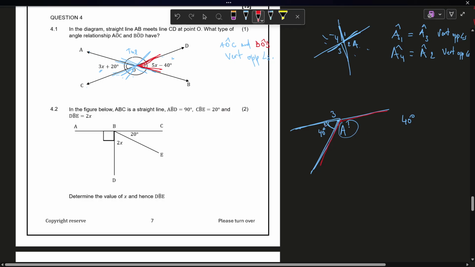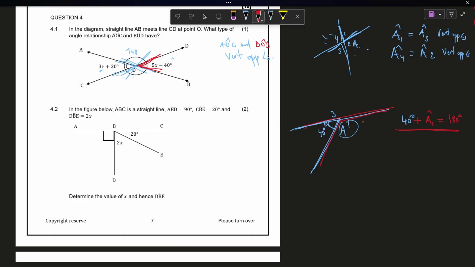When you sum these two, it makes this straight line, right? So 40 degrees plus A1 gives you a straight line. A straight line, remember, is always 180 degrees. This is a very important concept to remember. I'm sure it's going to come back again.